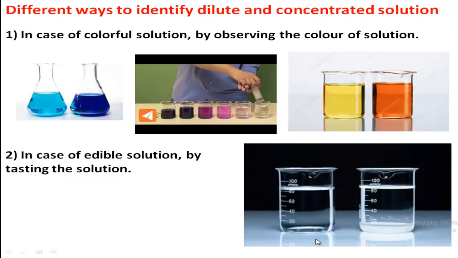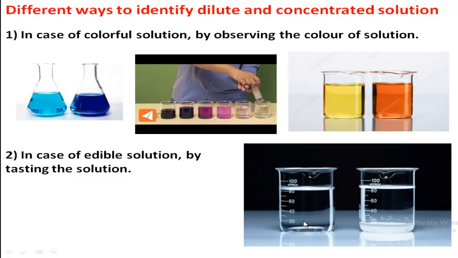Follow this picture. Here are two solutions. These are colorless and edible solutions, so we can easily taste them. For example, if these are sugar solutions, then the lightly sweet solution will be the dilute solution and the more sweet solution will be the concentrated solution.